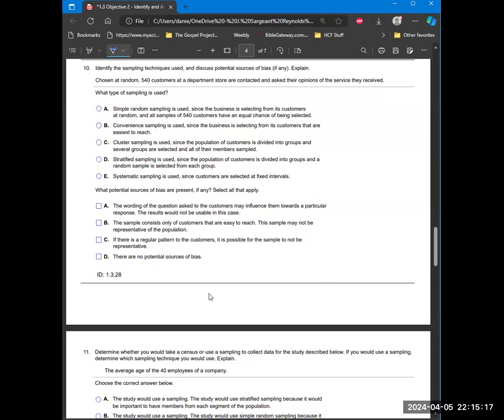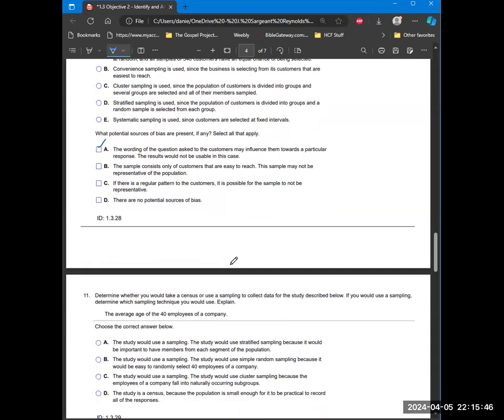So this is a simple random sample that is being used since the business is selecting from its customers at random, and all samples of 540 customers have an equal chance of being selected. Issues here are the wording of the question asked to the customers may influence them towards a particular response. The results would not be usable in this case.